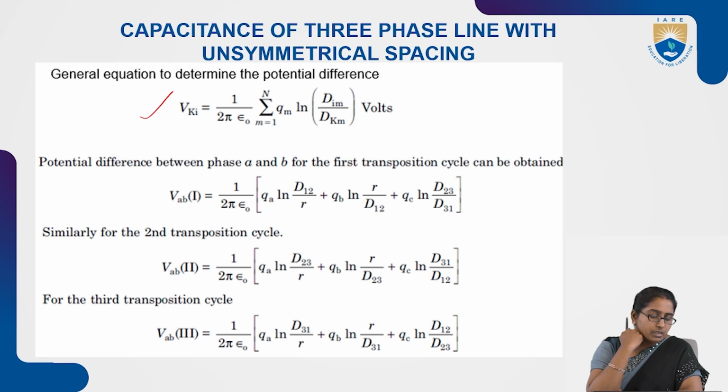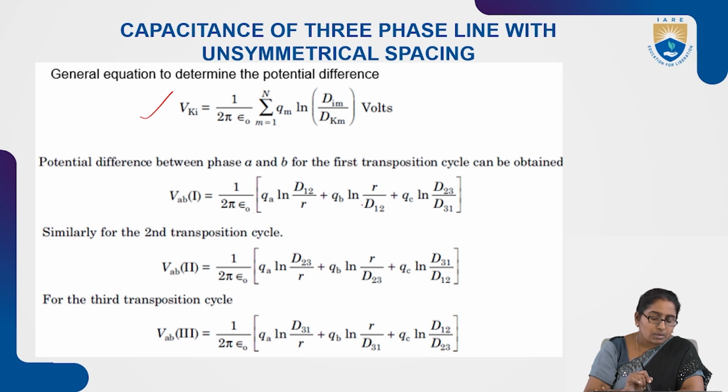Now, for this case, first they are writing the potential difference between the phases A B for the first position. There are three positions, right? So for the first position, VAB is given by 1 by 2 pi epsilon QA into log of, with respect to A conductor, in the numerator it's the capital D term, the distance of conductor A with respect to B conductor, so D12, and the denominator smaller r.